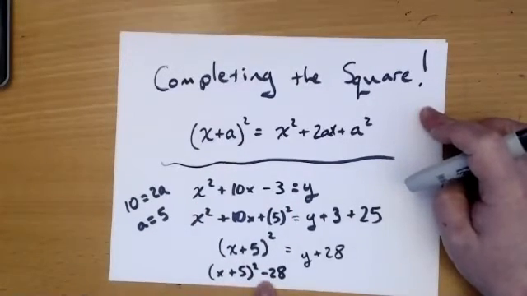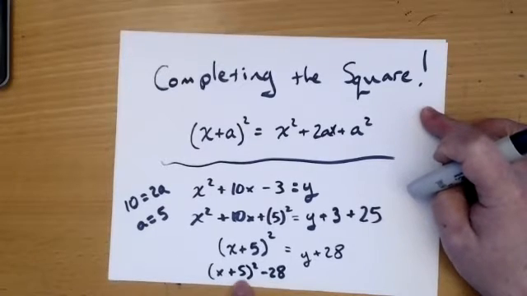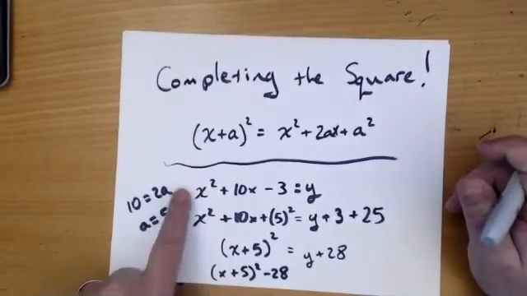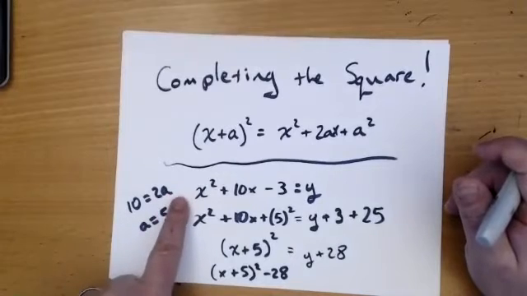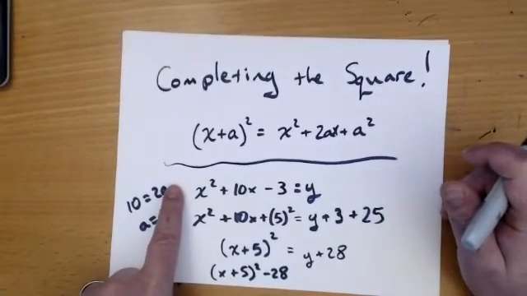This is a parabola also. It's the same parabola, but this is in vertex form. This has a vertical shift of negative 28 and a horizontal shift of left 5. Okay, so these two are the same. They're just the parabola written in different ways. Does that make sense?